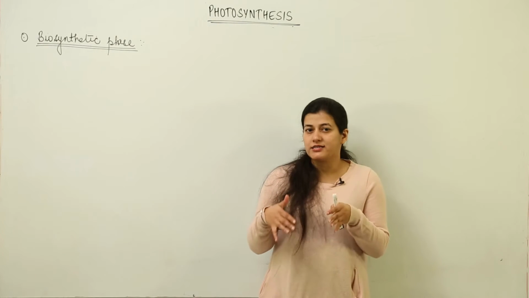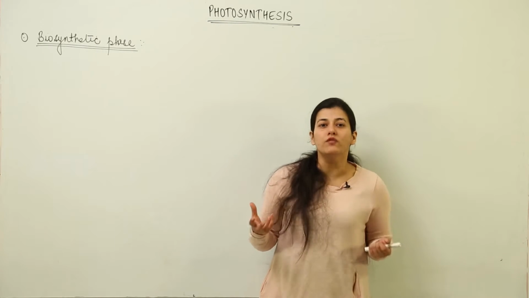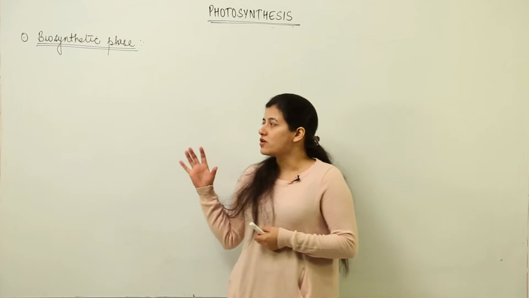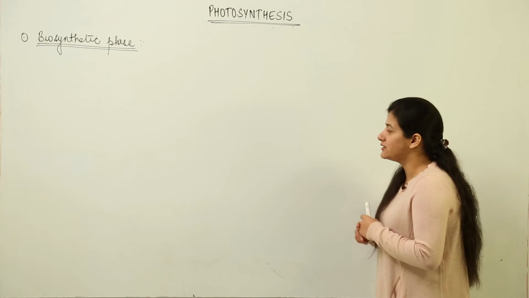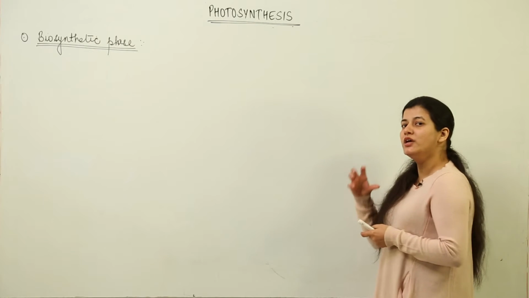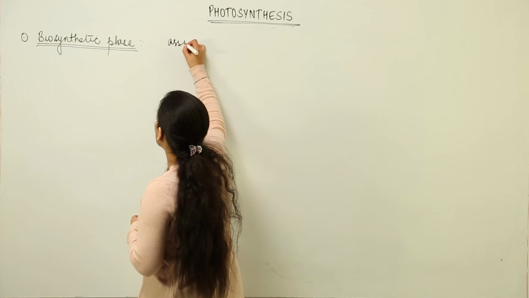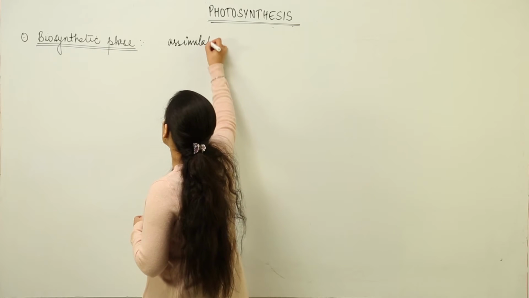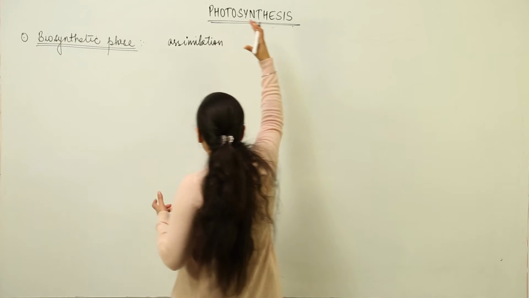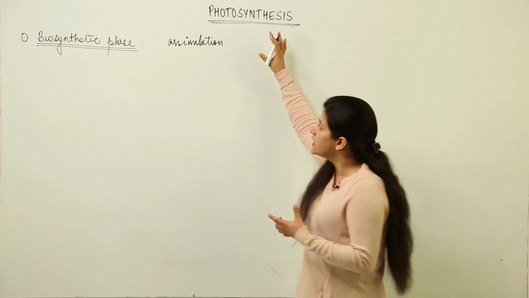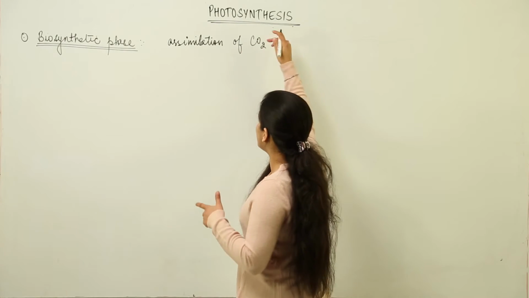But the first lesson is that we are going to consider it in an overview. When I talk about the biosynthetic phase, the first thing you have to keep in mind is that this phase is going to deal with the assimilation of CO2. You remember, quite a long time ago we talked about the raw materials of photosynthesis. CO2 is the prime raw material, I would say.